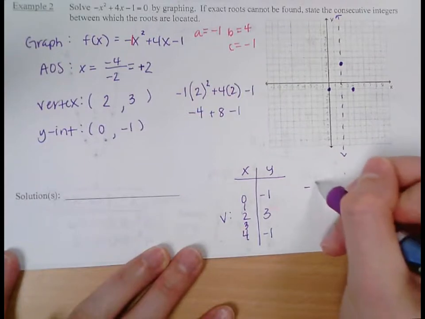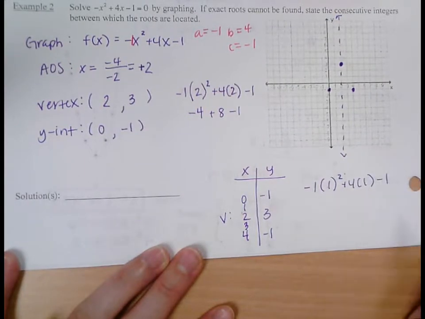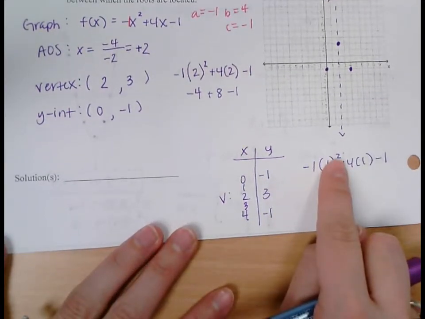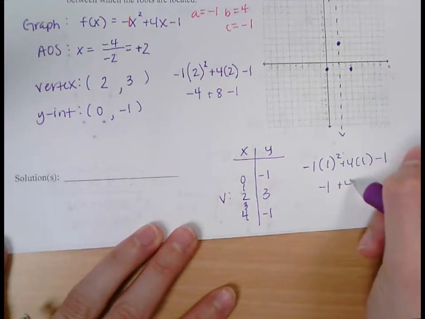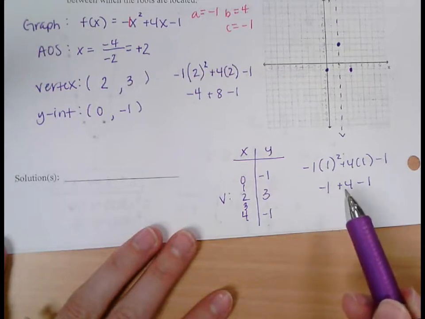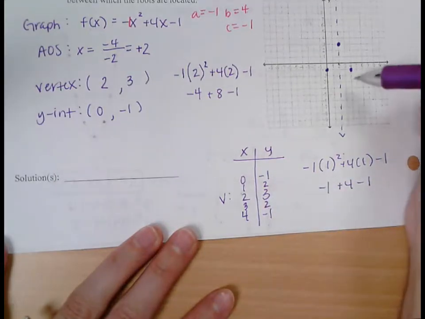So I have -1 times 1 squared plus 4 times 1 minus 1. So again, this would be 1 squared first, which is 1 times -1. So -1 plus 4 minus 1. So 3 minus 1, that's 2. So both of those y values are 2.